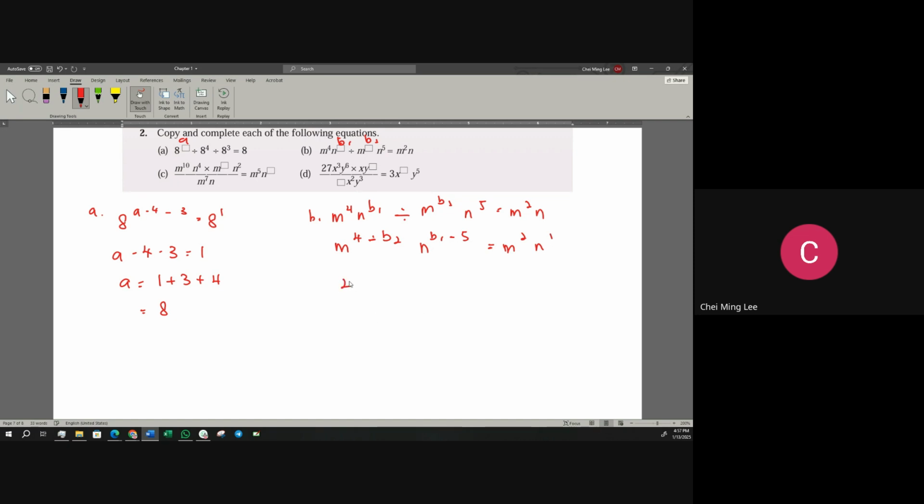So 4 minus B2 equals to 2. So this one moves here, this one moves here. So B2 will be 4 minus 2, which is 2. While B1 minus 5 equals to 1. B1 equals to 1 plus 5, which is 6.